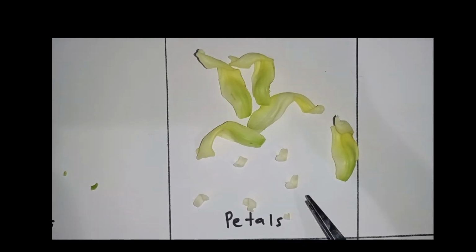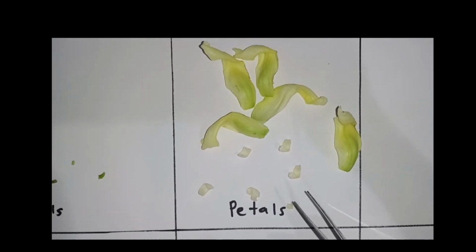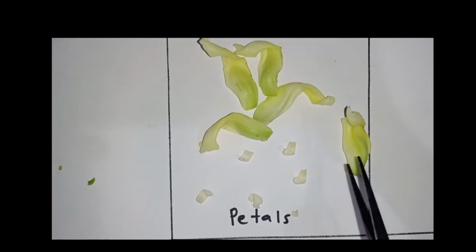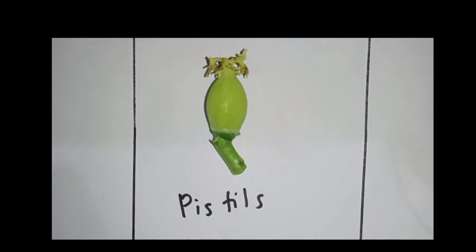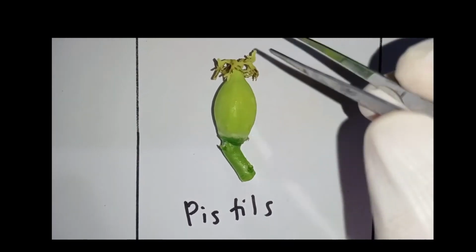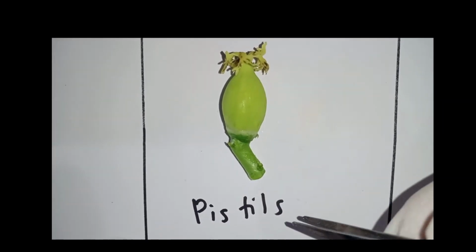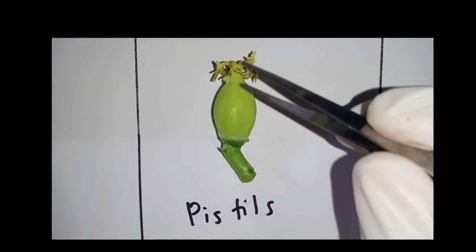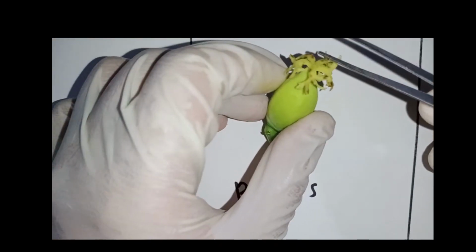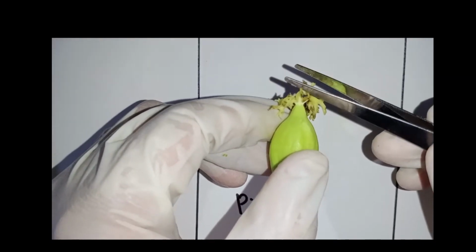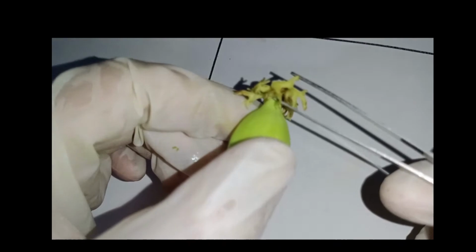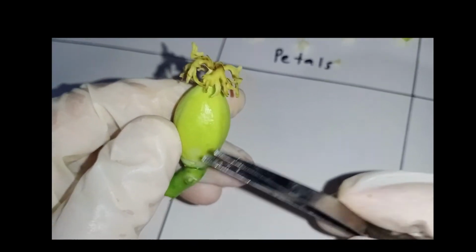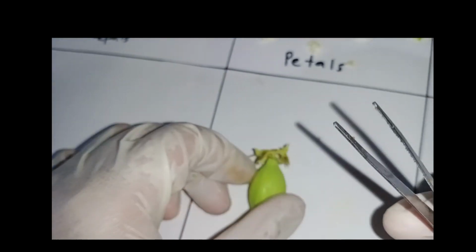The smaller one is the petal of the male flower of Carica papaya, and this one is the petal of the female flower of Carica papaya. The pistil is the female reproductive organ. It consists of the stigma, and we have stained it here. The style is below the stigma, and this whole structure is the ovary.